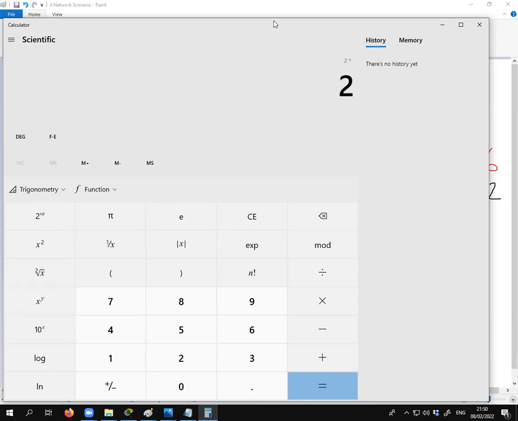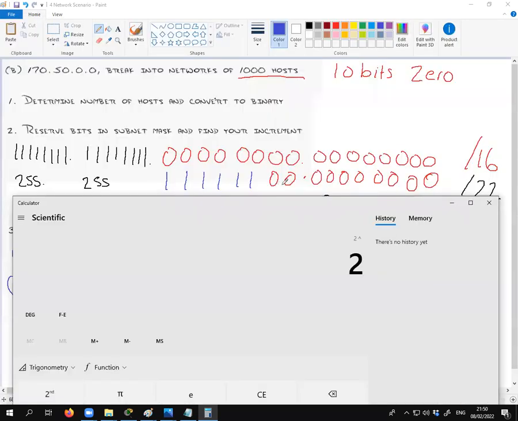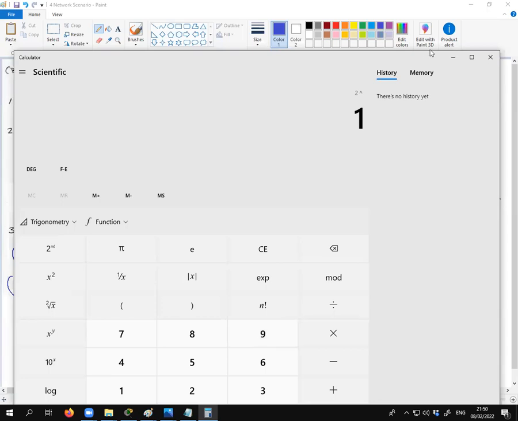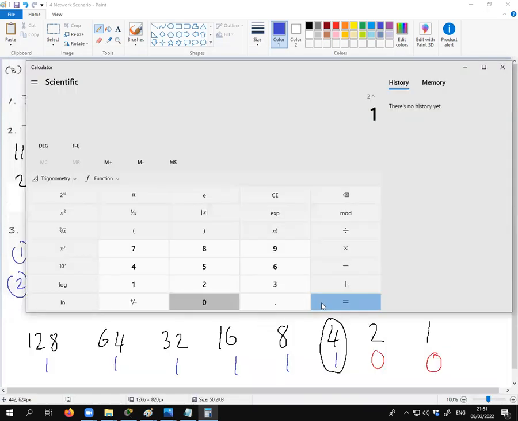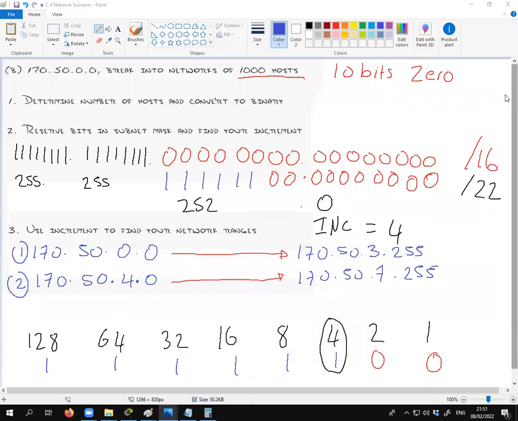How many red bits do we have here? 10. 1, 2, 3, 4, 5, 6, 7, 8, 9, 10. So 2 to the power 10 equals 1024. So we got 1024 addresses.